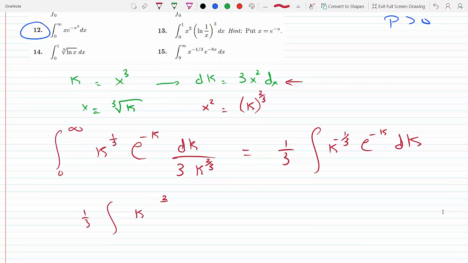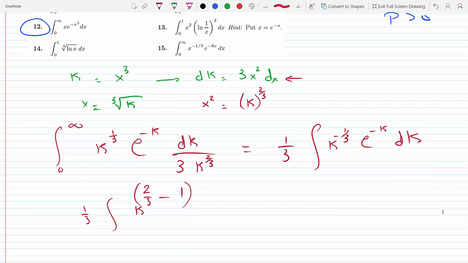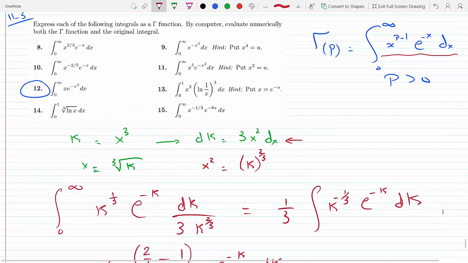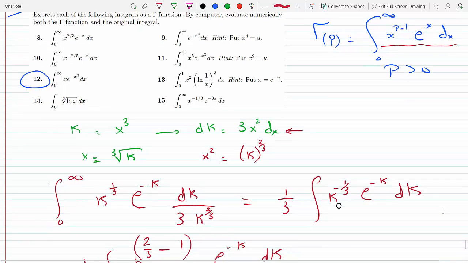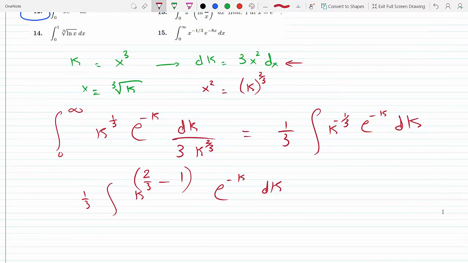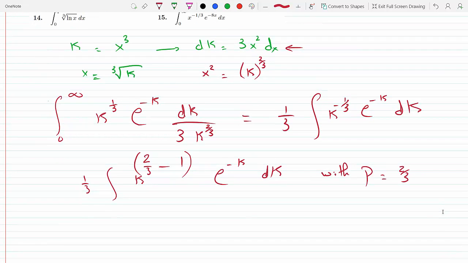So this would be k to the 2/3 minus 1, because 2/3 minus 3/3 gives minus 1/3, and here I have e to the minus k dk. So now I have exactly that form, with p equal to 2/3, because it's p minus 1, and here I have 2/3 minus 1.